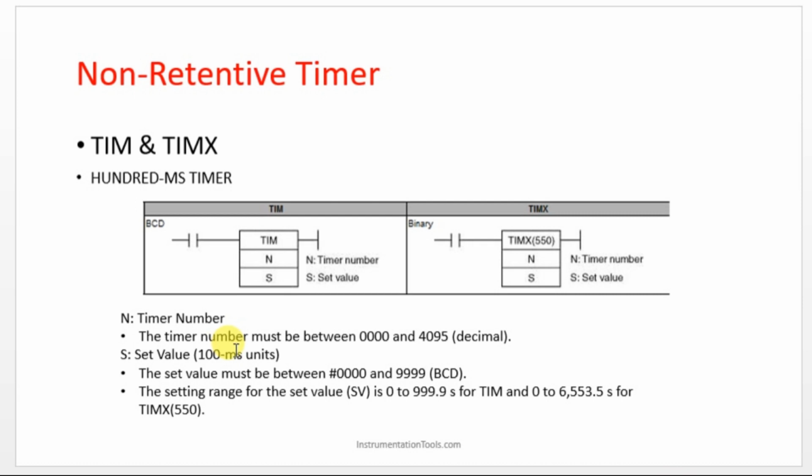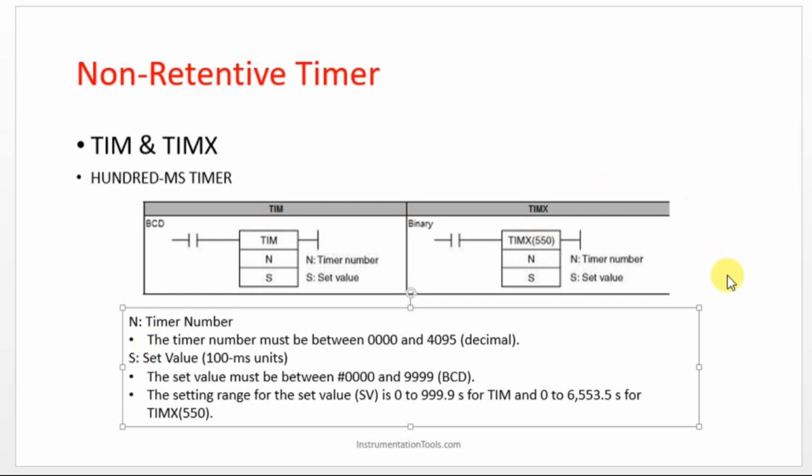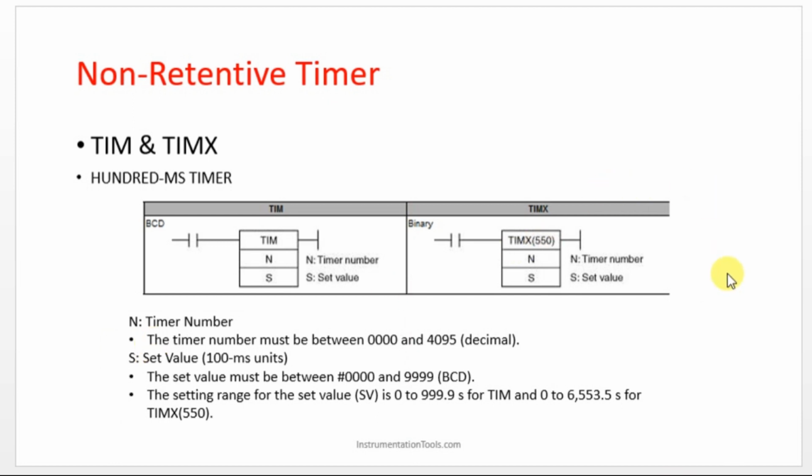According to this, you give the time duration you want, and that is called the set value. TIM is a BCD type timer and TIMX is a binary type timer. Both work the same, just the data type is different.